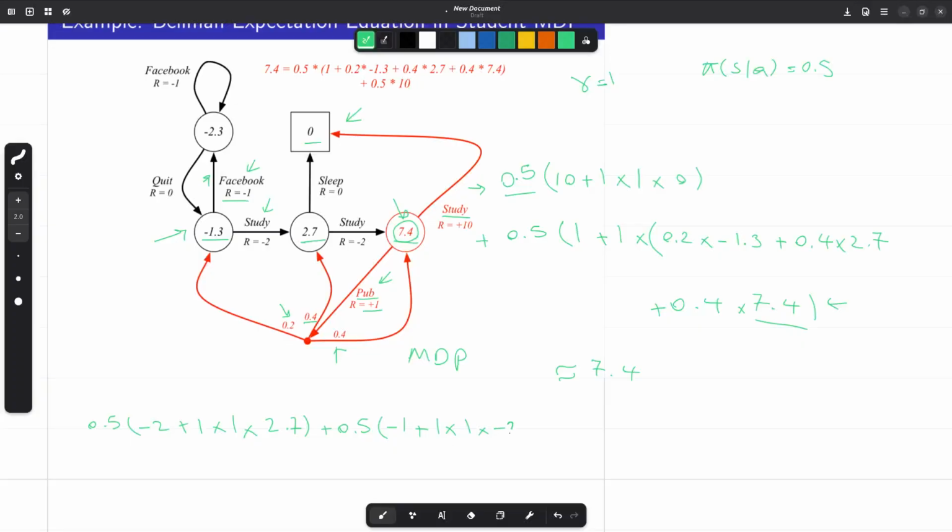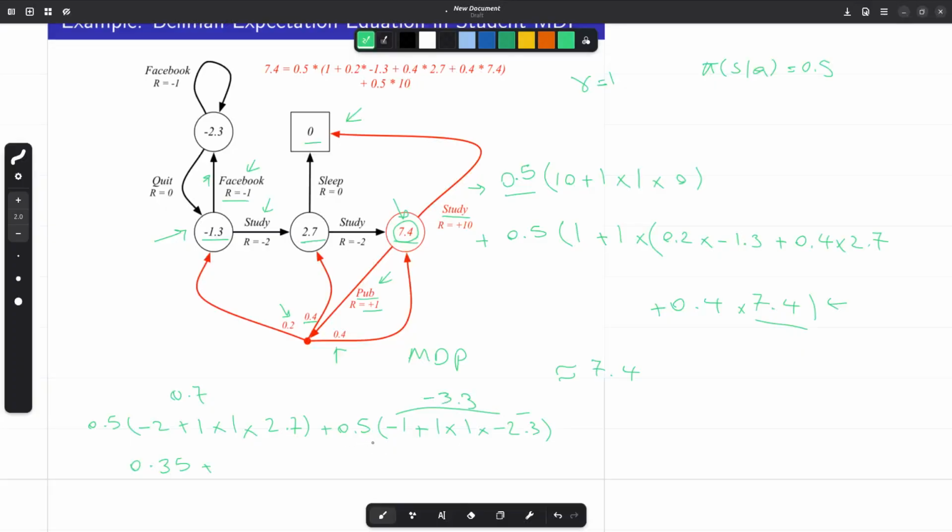So we have to calculate this value. We have -2 here, and we have 2.7 here. We would get 0.7 here. If we multiply it, we would get 0.35 plus. Here we have -1 and -2.3, which if we add up these, we would get -3.3.